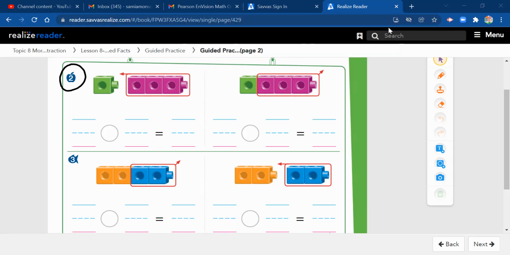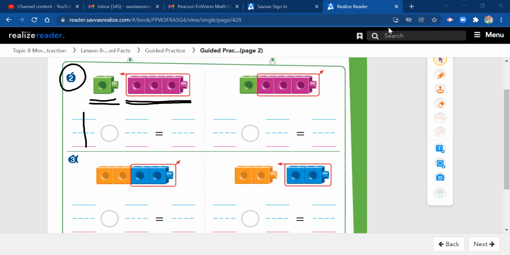What do you see? I see 1 green cube, so I'm going to write a 1. Now I see 3 purple cubes. So what do you think is happening here? Are we adding the purple cubes or are we taking away the purple cubes?